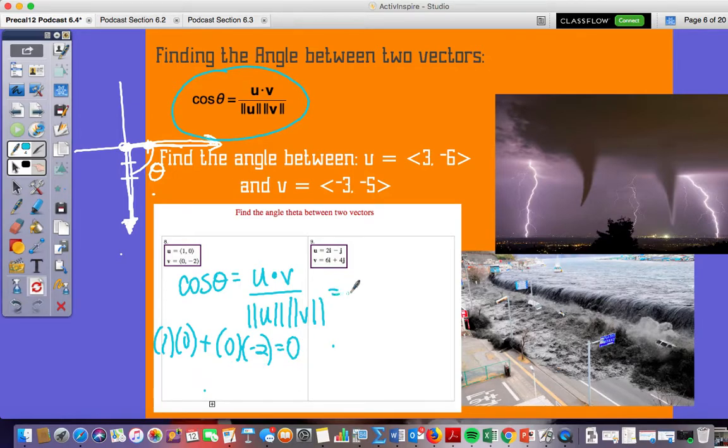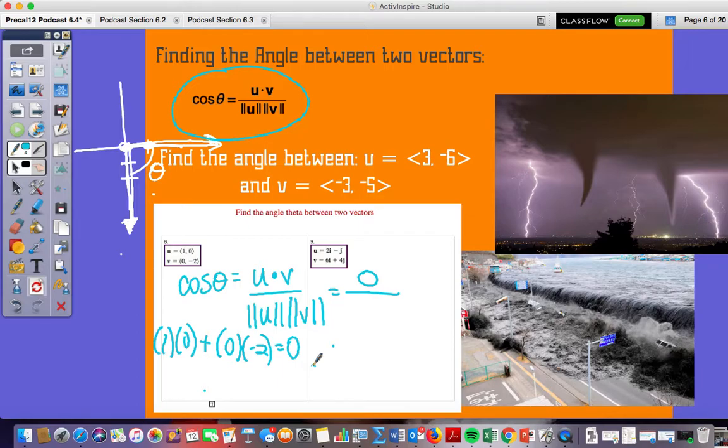So we have 0 over, well, the magnitudes are kind of irrelevant in this one, isn't it? Why is it irrelevant? Yeah, good, Hannah. 0 over anything is what? 0, right? We could find these magnitudes by doing a squared plus b squared equals c squared, right? But we don't really have to do it because this is 0.